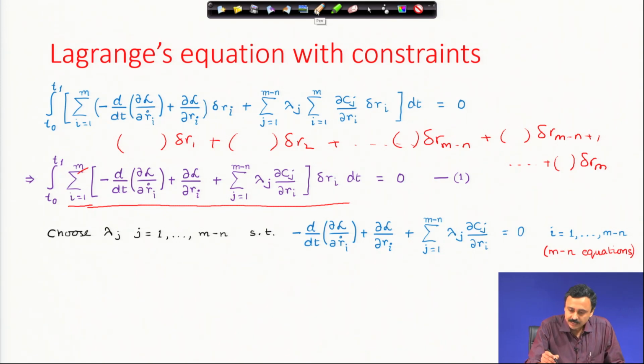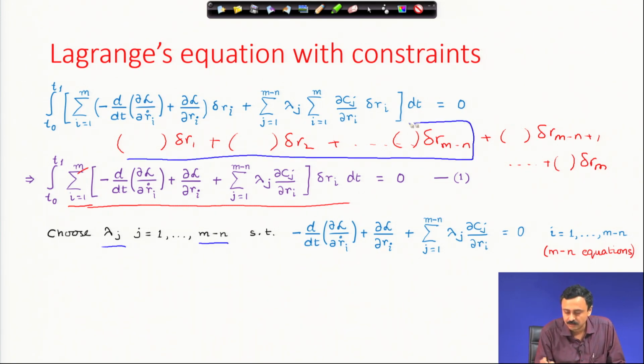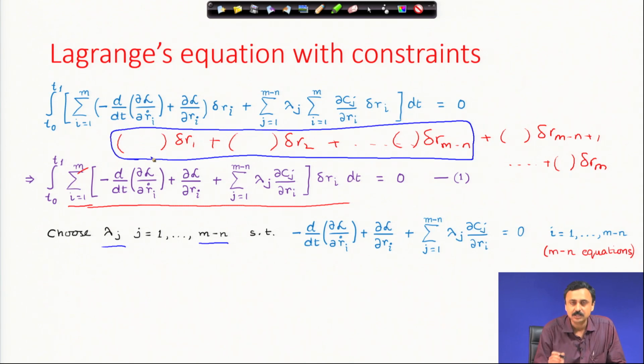Now, what I am saying is I choose these m minus n lambdas such that the first m minus n brackets just vanish, which I can always do. I have to vanish m minus n bracketed terms using m minus n lambdas, which I can always do, provided some regularity conditions are satisfied.